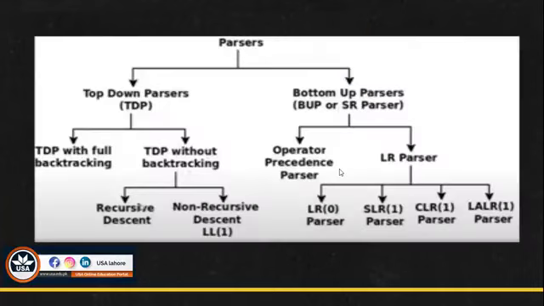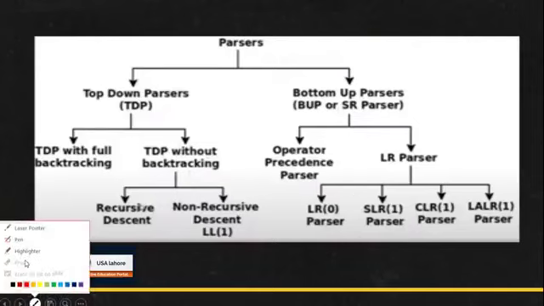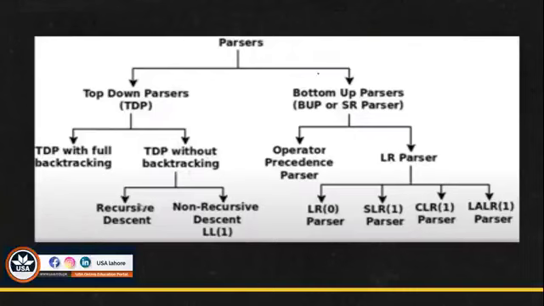If I talk about parsers, we have learned that there are two types: one is top-down parser and the second is bottom-up parser. In top-down parser, we have two types: first, top-down parser with full backtracking, and second, top-down parser without backtracking.